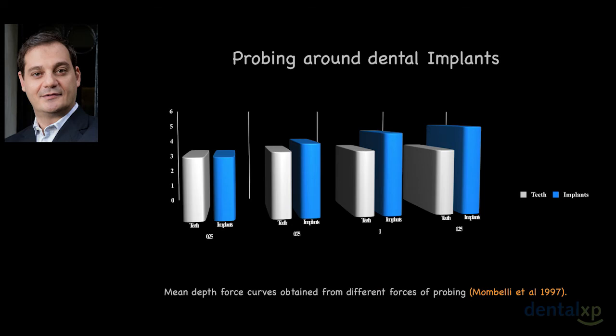I can't find a better study or a better graph than this graph that Mombelli published in 1997, and it's still true today because nothing has changed drastically to make it different. You can see that around the tooth, when we reach a force of 0.75, you can't force it any deeper because the patient will be in excruciating pain.